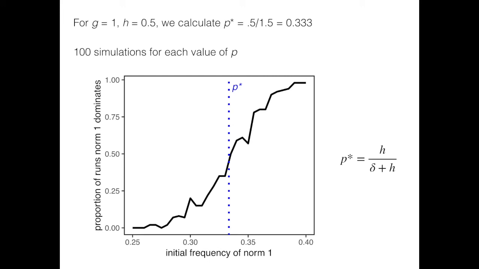Another thing you'll notice by looking at this graph is that norm 1 doesn't always spread when its initial prevalence is above the threshold. It just spreads more often. That's because there is stochasticity. It's probabilistically more likely for norm 1 to spread when its initial frequency is above the threshold, but because of randomness baked into the model, sometimes the population will dip back down of norm 1 just by chance and get low enough so that norm 1 vanishes, and vice versa.